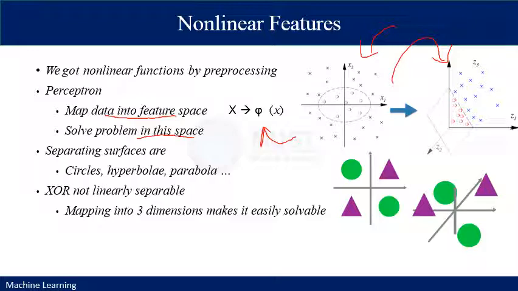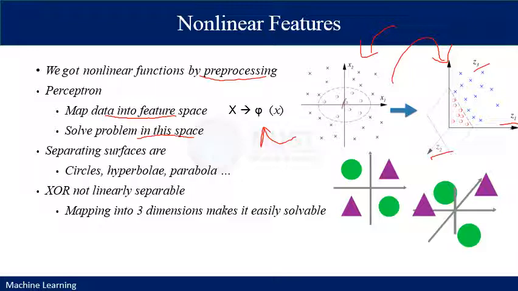As you can see, in the first form, before the pre-processing, our data was not linearly separable. However, when we transform the data into higher dimensions, using the three dimensions z1, z2 and z3, we can see that our data is linearly separable.